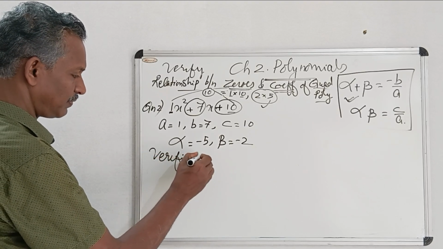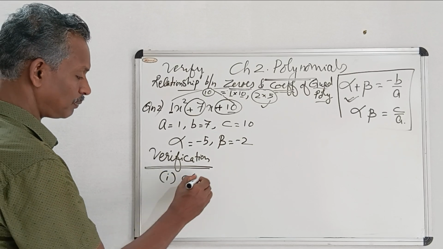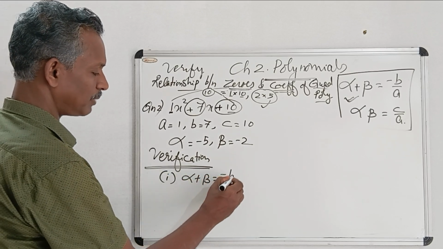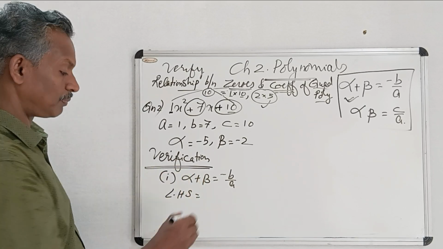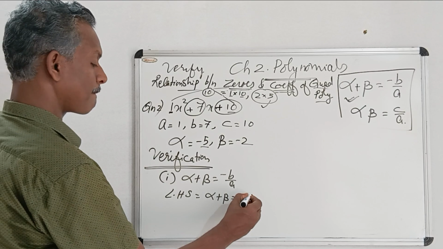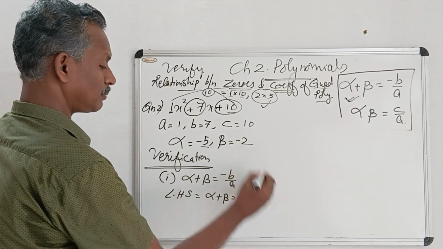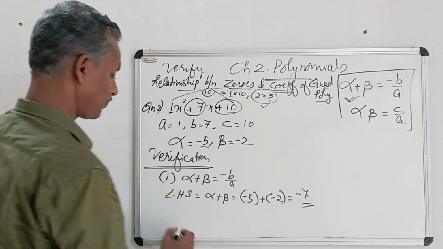What is the first verification you have to do? First verification is alpha plus beta is equal to minus b by a. Take the LHS, alpha plus beta. Alpha is minus 5 plus beta is minus 2. Minus 5 minus 2 is minus 7.